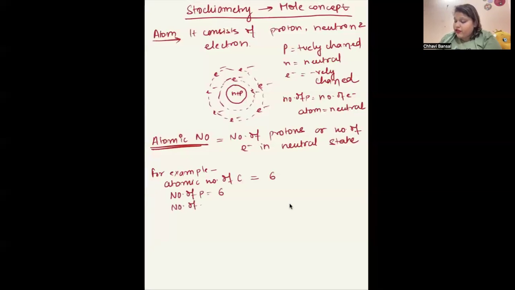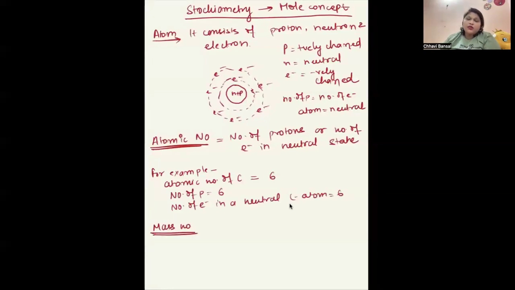The number of electrons in a neutral carbon atom is also equal to 6. So with the atomic number, we can find out the number of protons or the number of electrons, but we cannot find out the number of neutrons. Okay. So the role of the neutron comes in another term called the mass number.